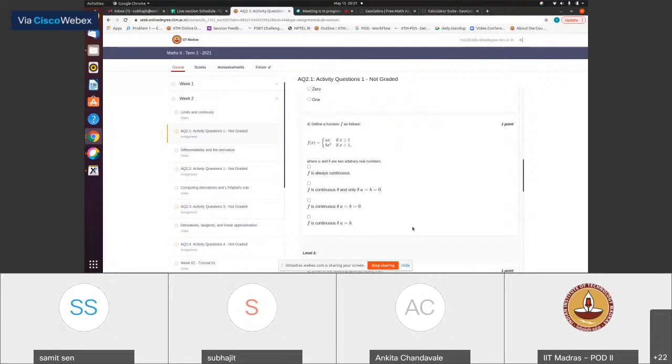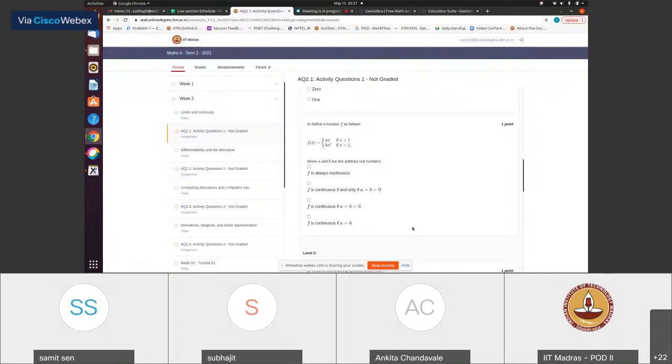I just took an example: a equals b equals 0, which I solved, and then a equals b equals 4, so 4x and 4x square. The limit as x tends to 1 plus of 4x and the limit as x tends to 1 minus of 4x square, I substitute 1, and both answers come as 4.